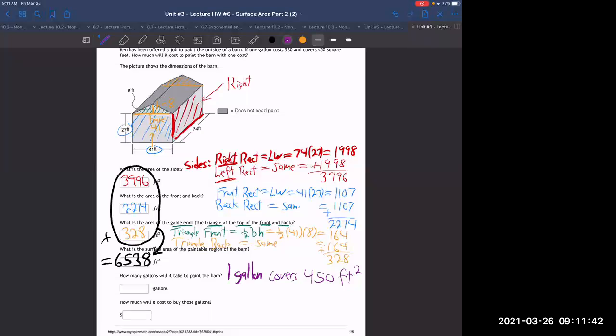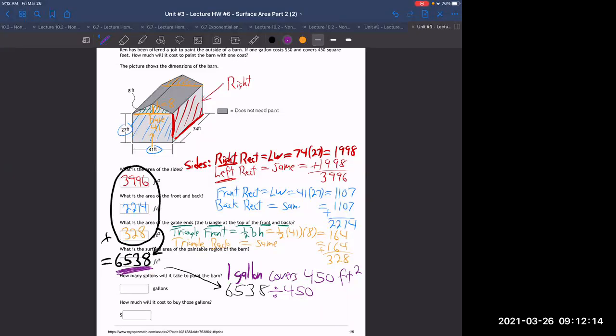So we have a total paintable region of 6,538 square feet. So we've got to take that 6,538 square feet and we've got to divide it by the 450, don't we? Because we got to find out how many times 450 goes in to 6,538, because every gallon of paint will cover 450 square feet.